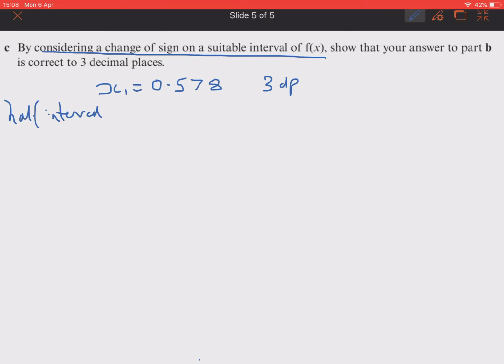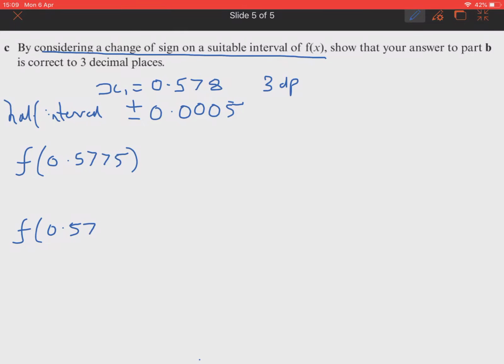We've got to then add and subtract 0.0005, and we've then got to look at the interval between, if I take off 0.0005, it'll be 0.5775, and if we add on, it'll be 0.5785. So what I'm looking for is this change of sign. I'm looking for one of these to be negative and one of these to be positive.